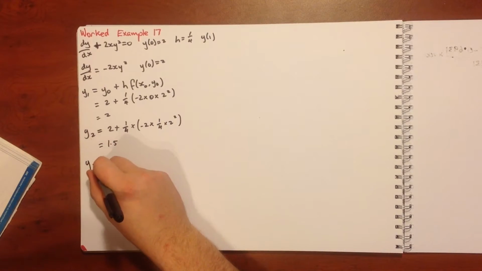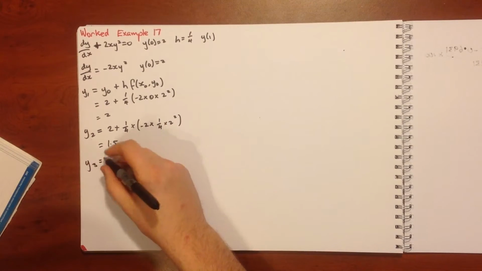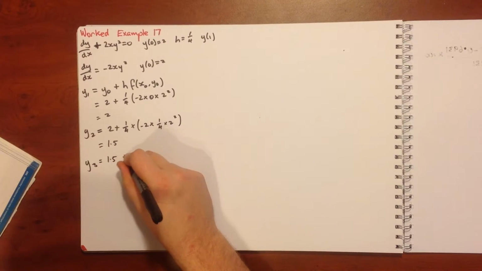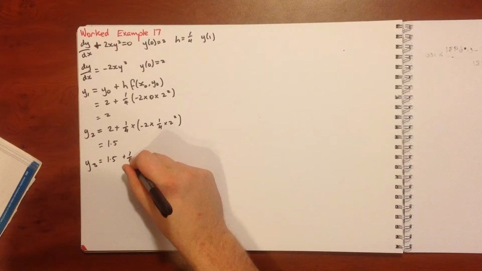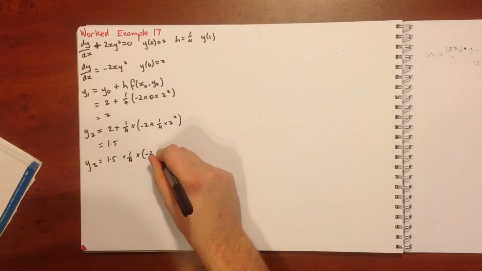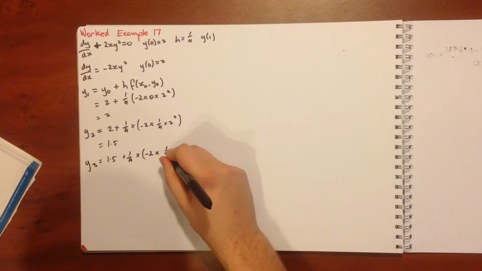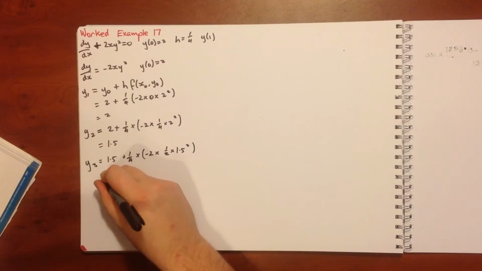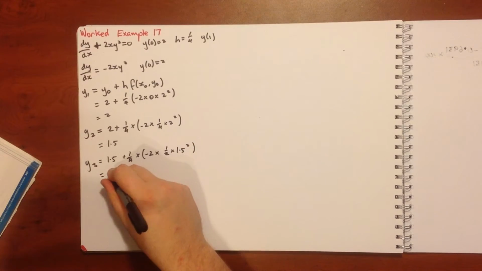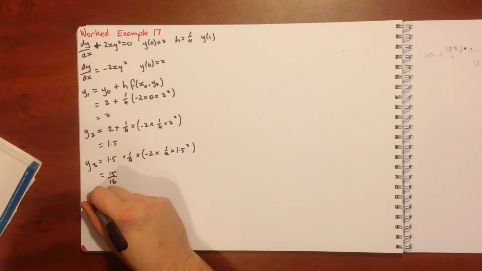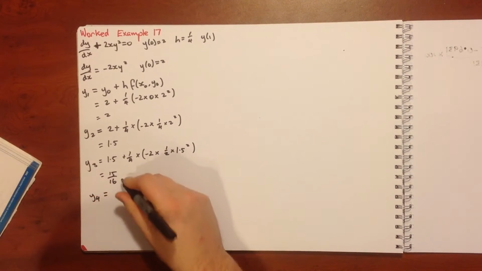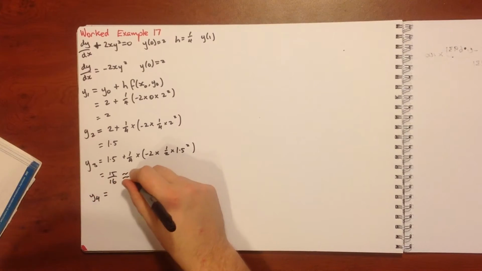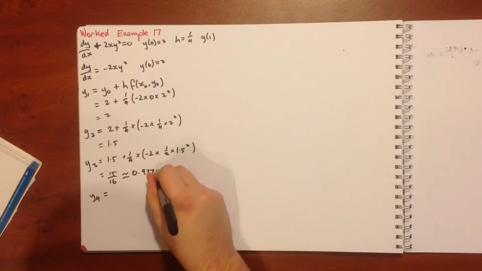Then our y3 equals our 1.5 plus a quarter times by our minus 2 times by a half times by 1.5 squared, which is going to give our next value of 15 on 16. Then our y4, which is our last one, is approximately 0.9375.